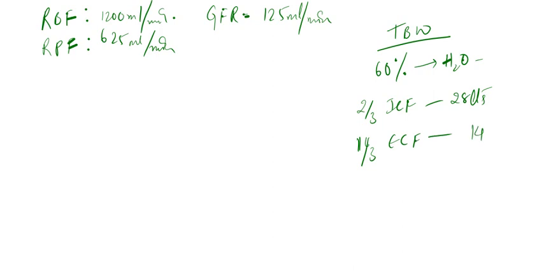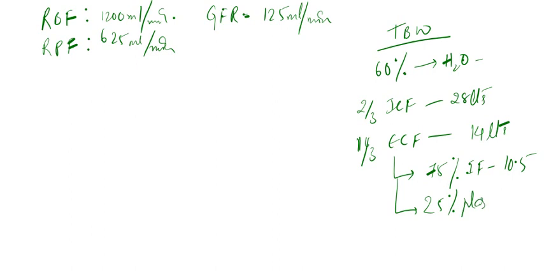In this 1/3 ECF, 75% is interstitial fluid, that is 10.5, and 25% is plasma, that is 3.5 liters. Please remember these things.